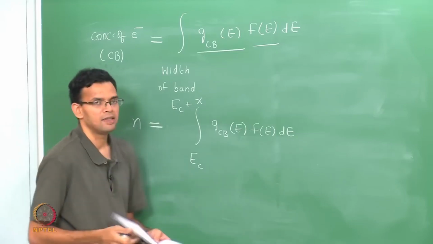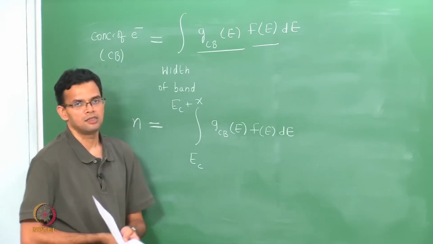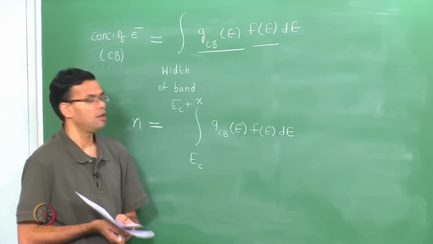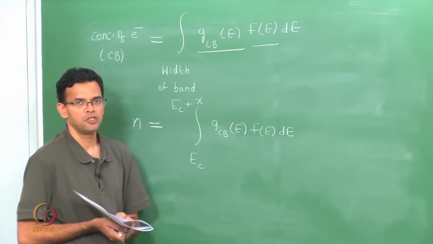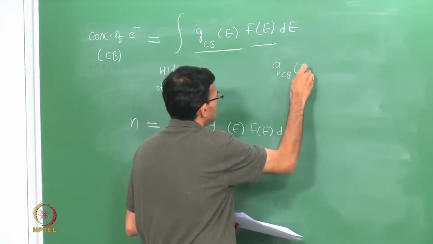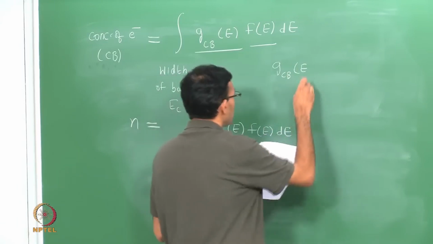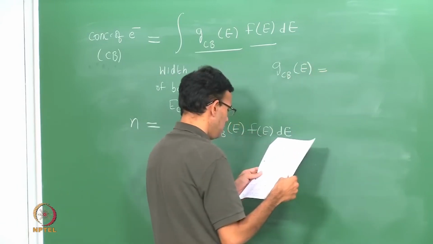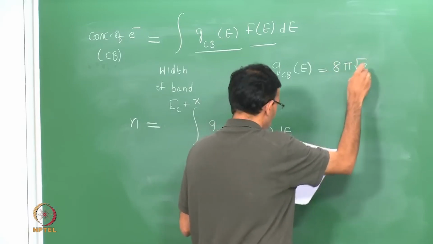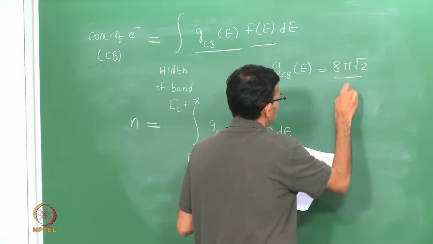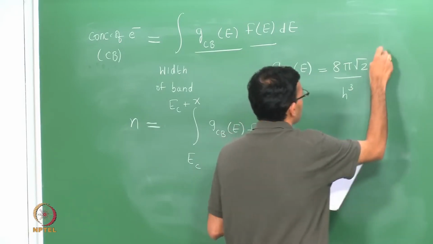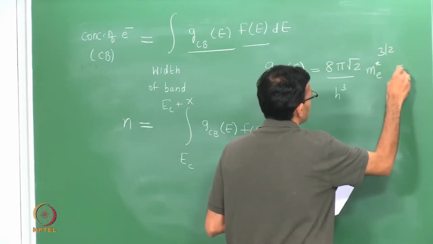Now, we want to calculate the density of states. Silicon is a real crystal, but we can make use of the assumption of a solid with a uniform potential, which we did earlier. For a solid with a uniform potential, the density of states G of E is given by 8 pi square root of 2 by h cube, me star, which is the effective mass of the electron in the conduction band, times E to the half.